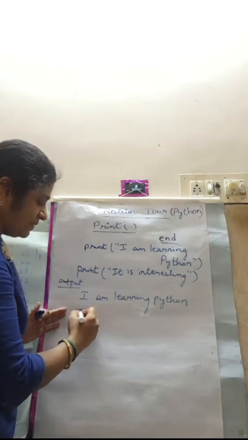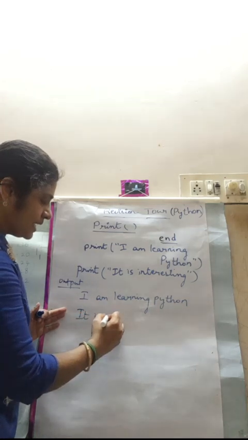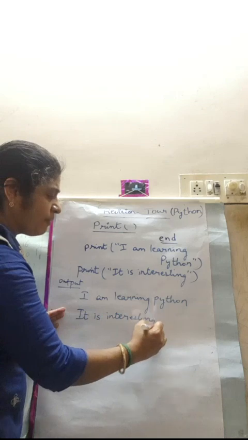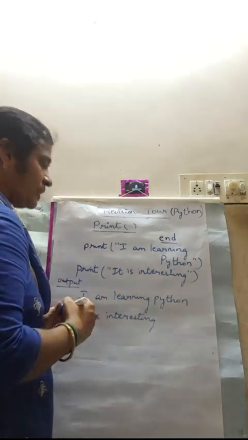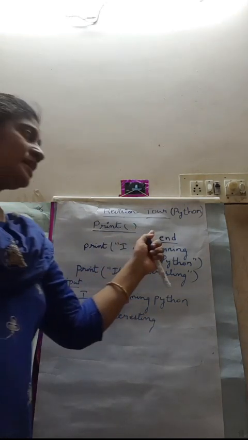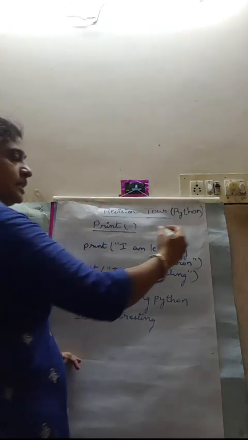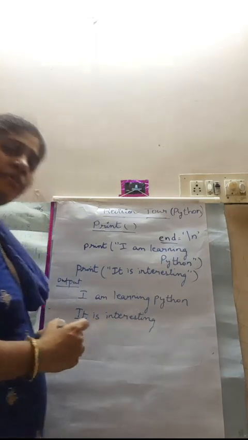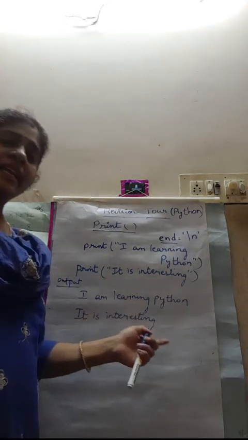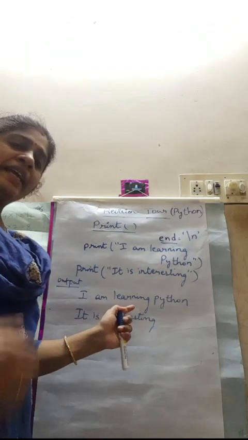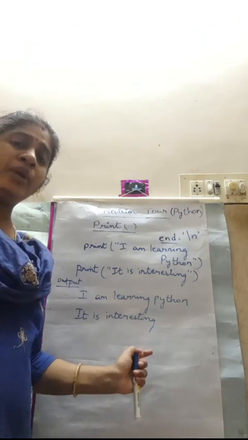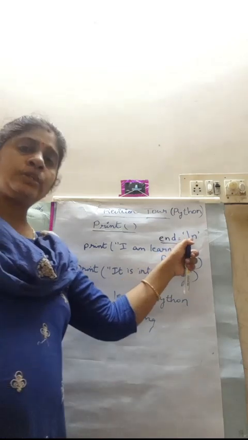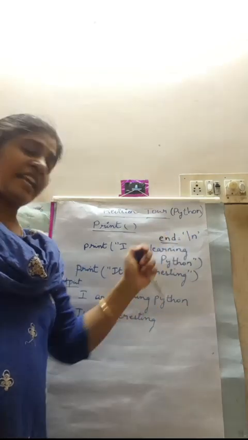In the next line it will display it is interesting. By default, the end argument is the new line character. Even if we don't specify it, Python will automatically print every statement on the next line.